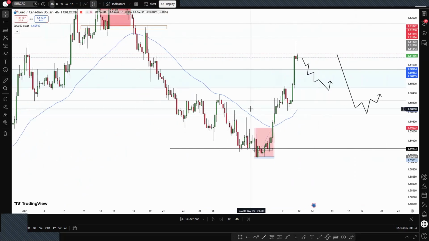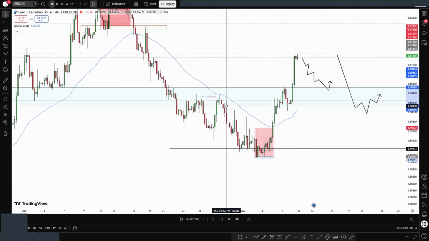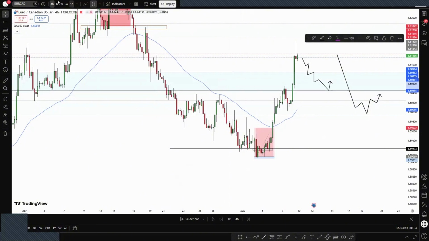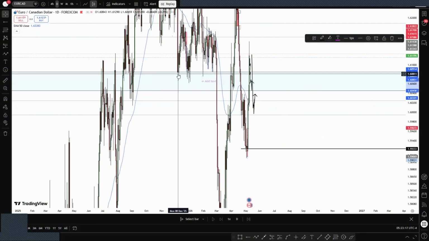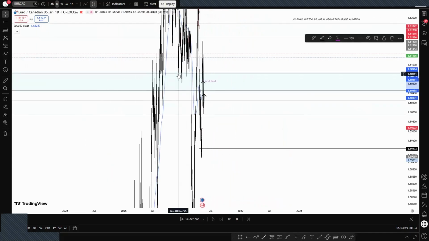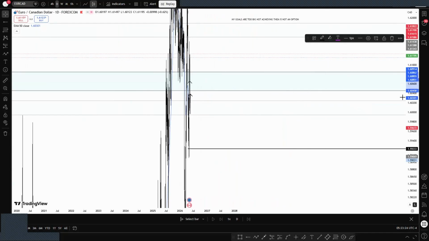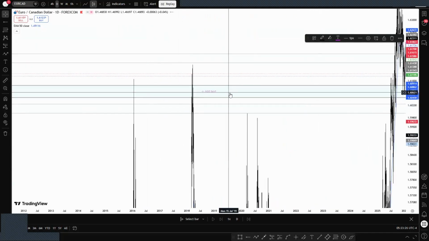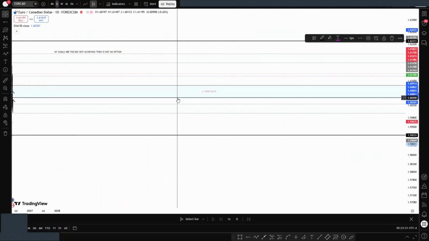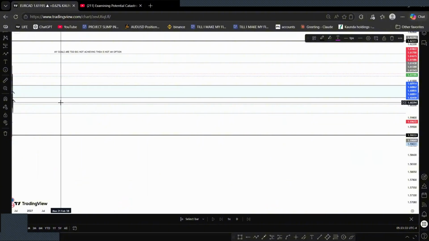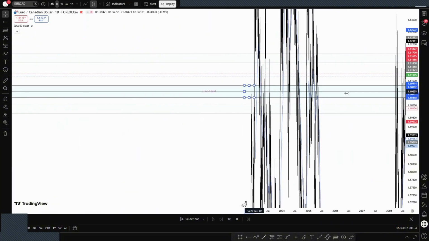So it's the same thing. If you want, you can reduce this level back to this zone, or if you want, you can put it at this level. It just really depends. Where can I find that? Okay, what I'm looking for.